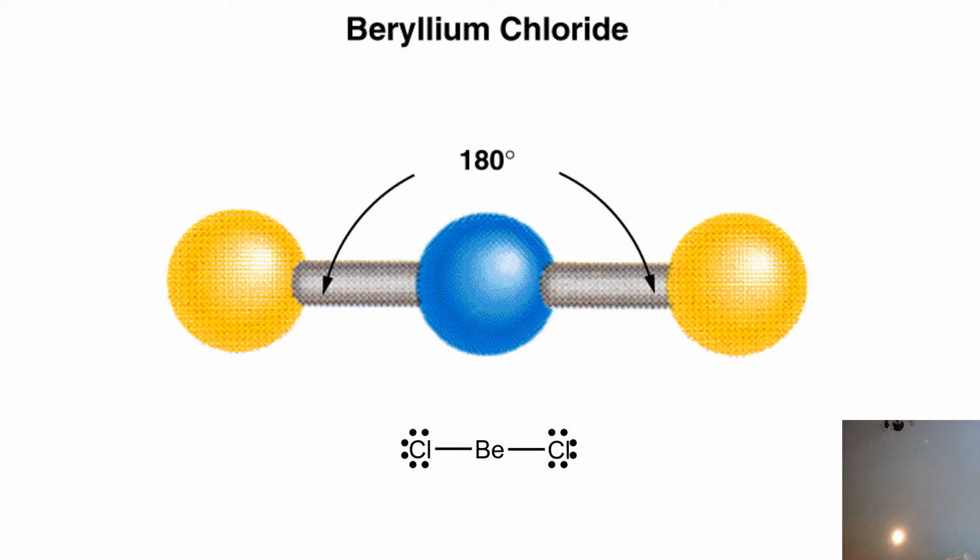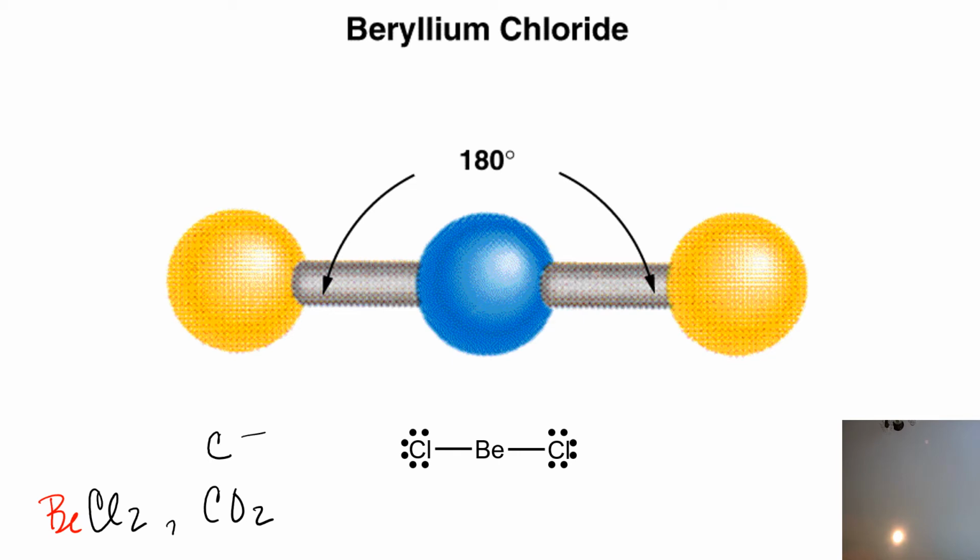Some other examples of linear molecules that you're familiar with, or may be familiar with, we also have BeCl2, carbon dioxide.